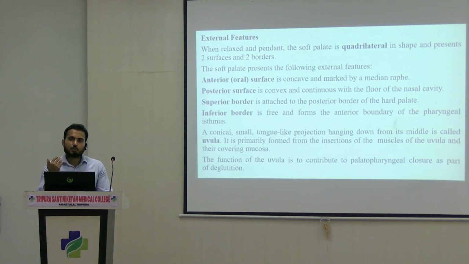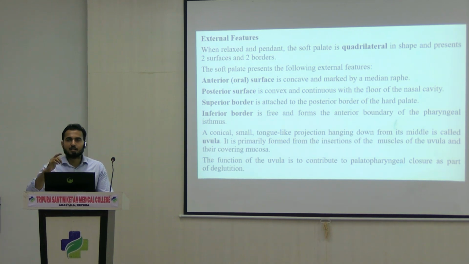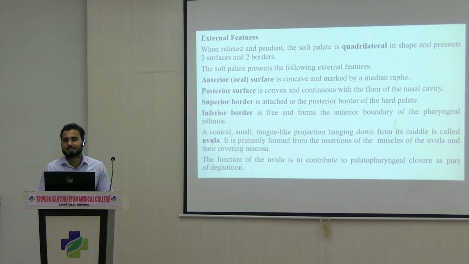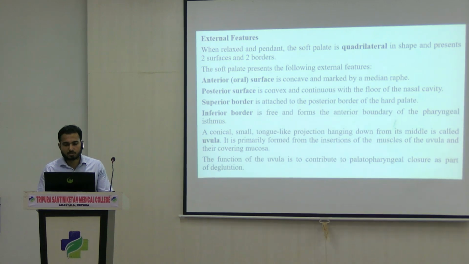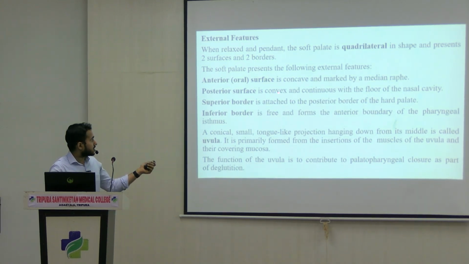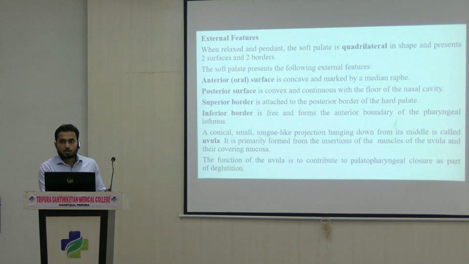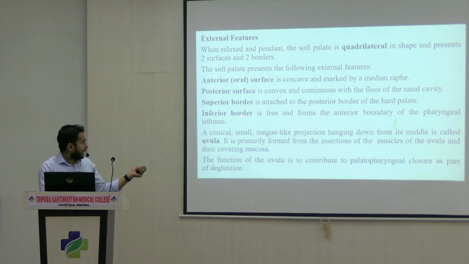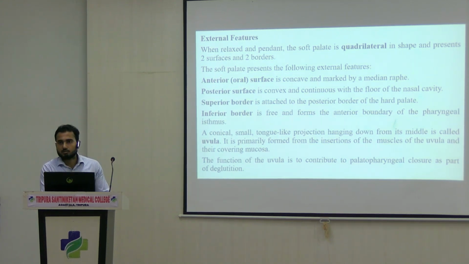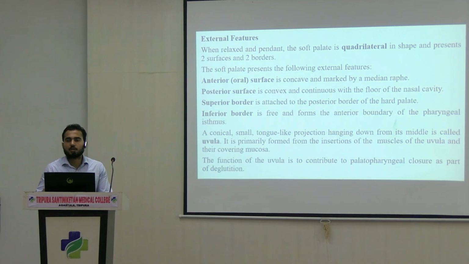The posterior surface is convex and continuous with the floor of the nasal cavity. The superior border is attached to the posterior border of the hard palate, and the inferior border is free, forming the anterior boundary of the oropharyngeal isthmus.